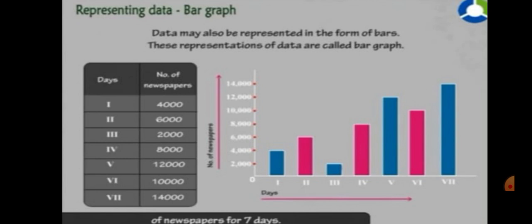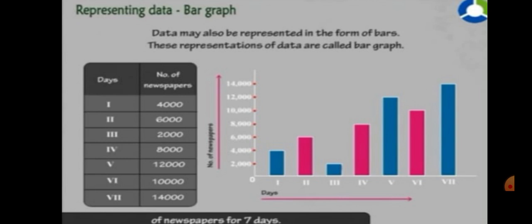Now see, on day 1, 4,000 newspapers are there. When we represent the number of newspapers, it should have a sequence. So we will start from 0 and we have to take a proper gap between these: 0, 2,000, 4,000, 6,000, 8,000, 10,000, 12,000 and 14,000, because on day 7, 14,000 newspapers are there.